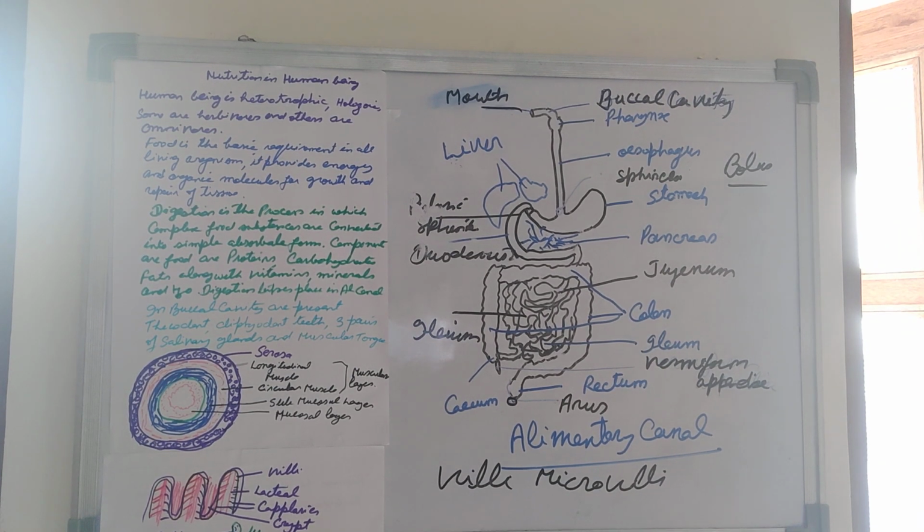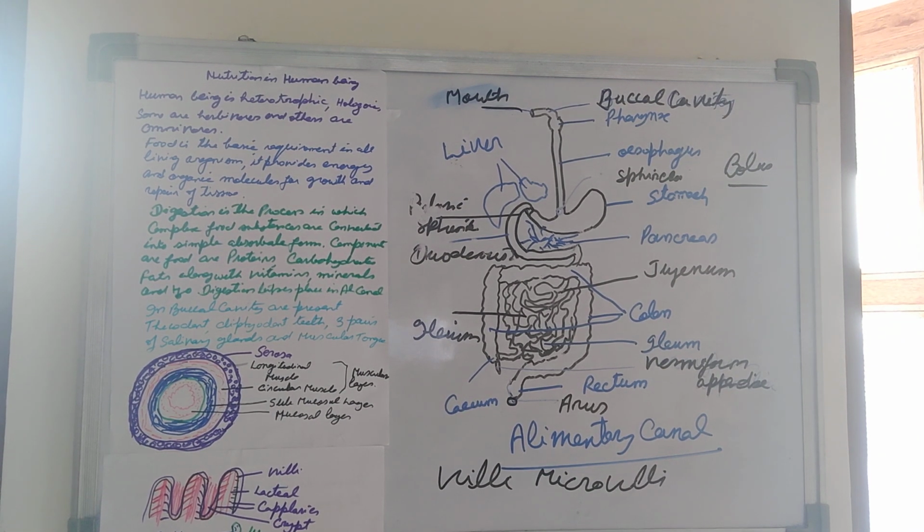Then teeth are diphyodont. What is diphyodont? Two sets of teeth are developed in the human being. In the kid stage, the milk teeth are formed. After the age of 4 to 5 years, they are shed and replaced by permanent teeth.